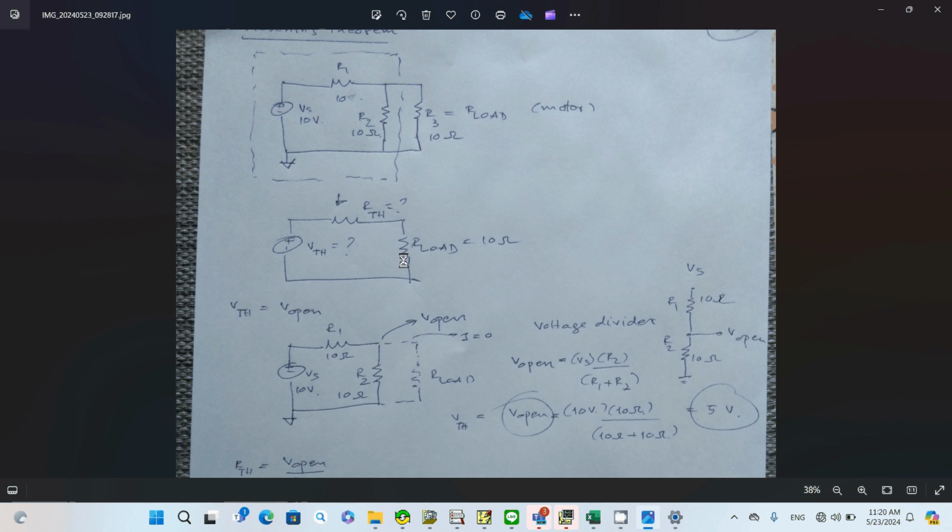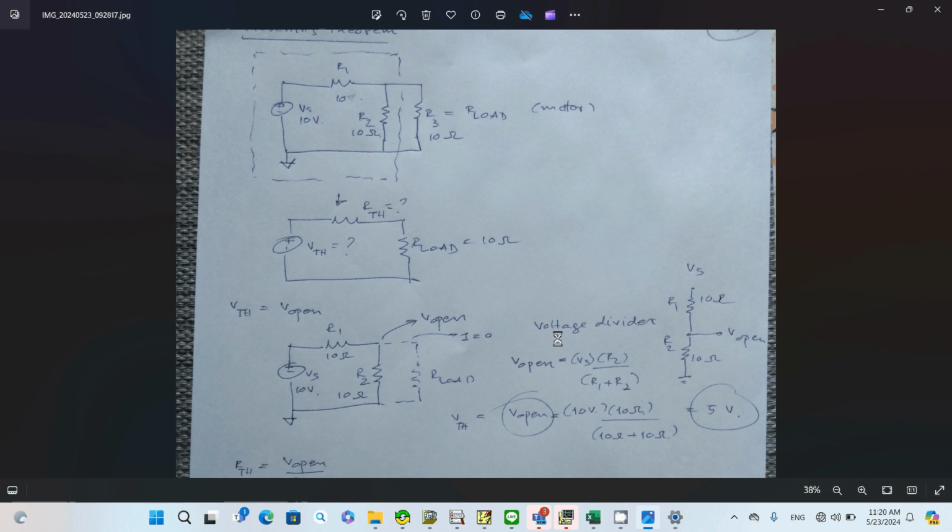The way to look for VTH, or the Thevenin voltage, is that VTH equals V open. What does it mean, V open? V open means you remove the load from the circuit, or simply you have the resistance of the load at infinity, right? So this is your V open right here, or the source output.